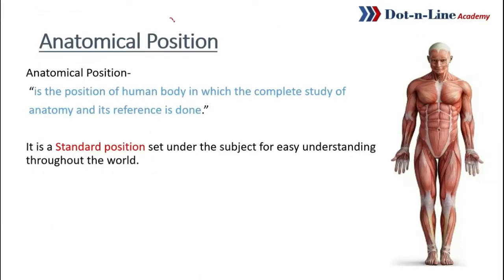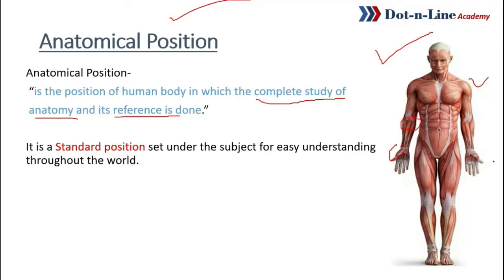Anatomical position. The anatomical position is the position of the human body in which the complete study of anatomy is done and its reference is done. What is meant by this statement is that the complete study of anatomy is done in this position. This is the standard position in which we will study anatomy, and we will also do the referencing work, like referring one part of the body to another part.